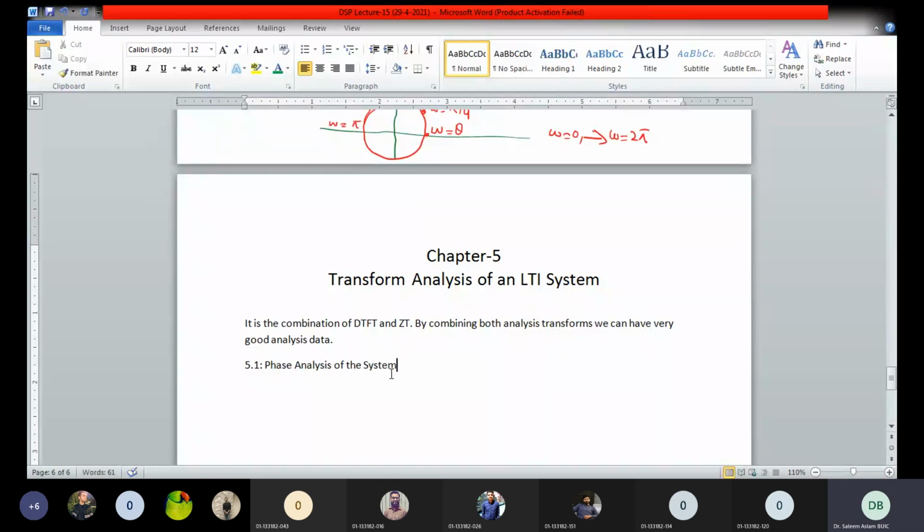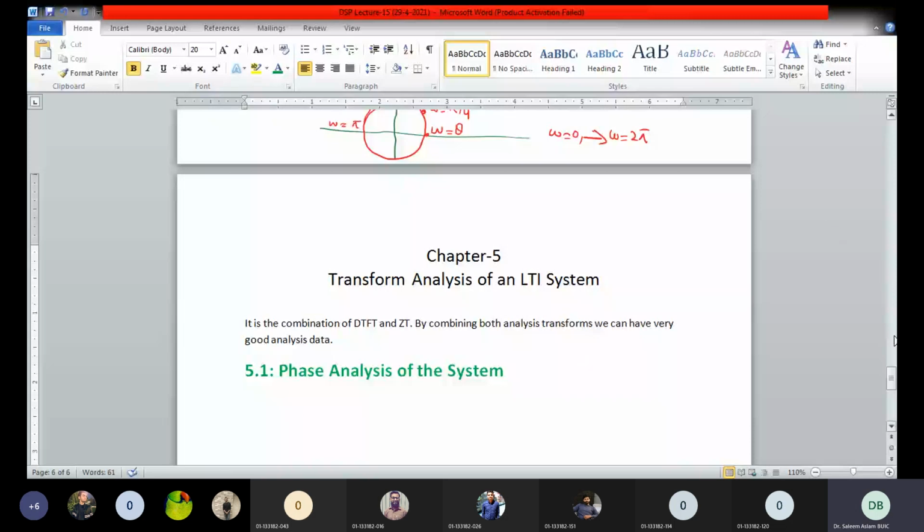Remember when we discussed DTFT, we said that the discrete time Fourier transform would help you to have the distribution of frequency contents across a certain frequency range, right? And we said that when you take the Fourier transform, you will have two graphs. One is the magnitude plot, the other one is the phase plot, right?